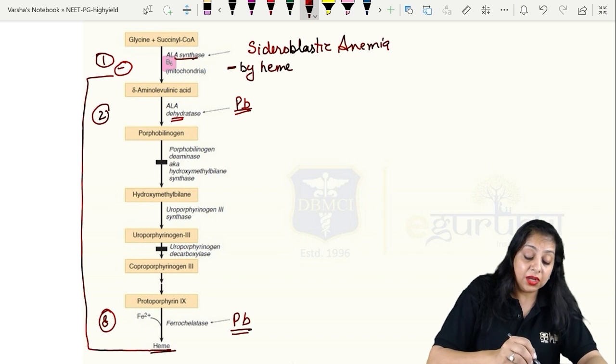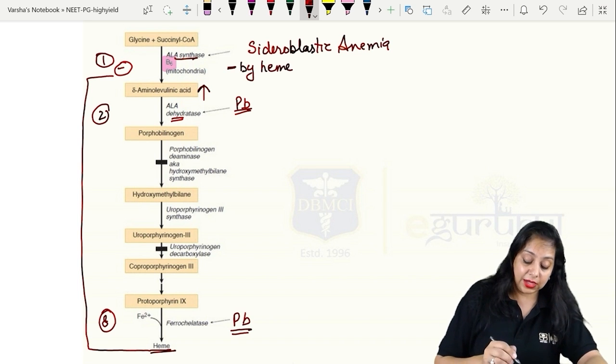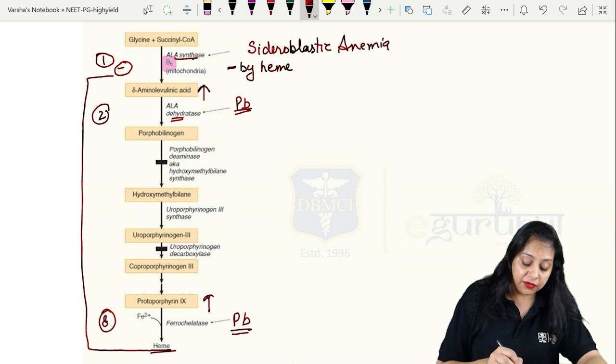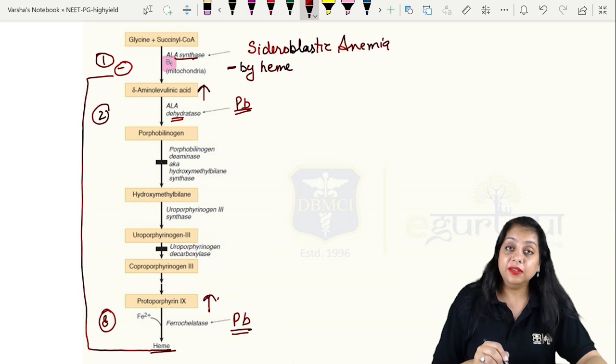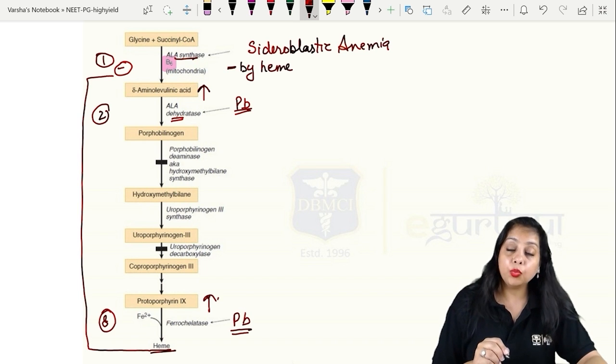What else can be given? When ALA dehydratase is inhibited, there will be an elevated level of delta aminolevulinic acid. Also ferrochelatase will be inhibited, so there will be an elevated level of protoporphyrin. Sometimes they give you these levels in the exam. So lead toxicity: increased delta aminolevulinic acid and protoporphyrin.